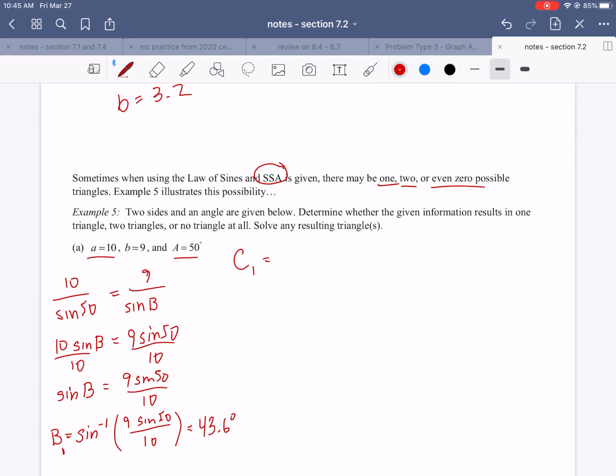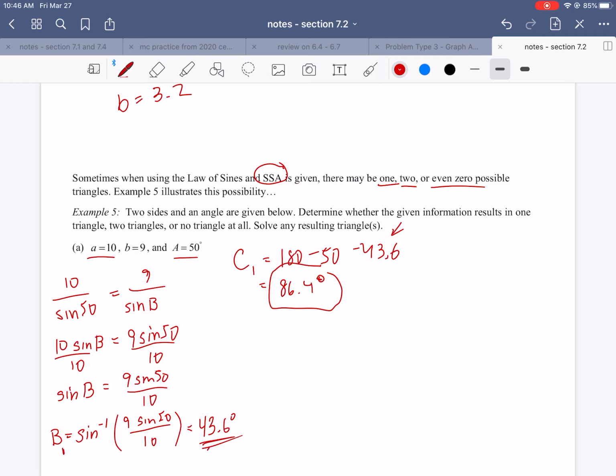And so capital C1 is going to be 180 minus 50 minus 43.6. And my suggestion to you is to not round this 43.6 until the end. So in your calculator, you would want to go back up and use the unrounded version of that number, and then round after you're done with that. And so if you do that, you're going to get 86.4 degrees for capital C1.